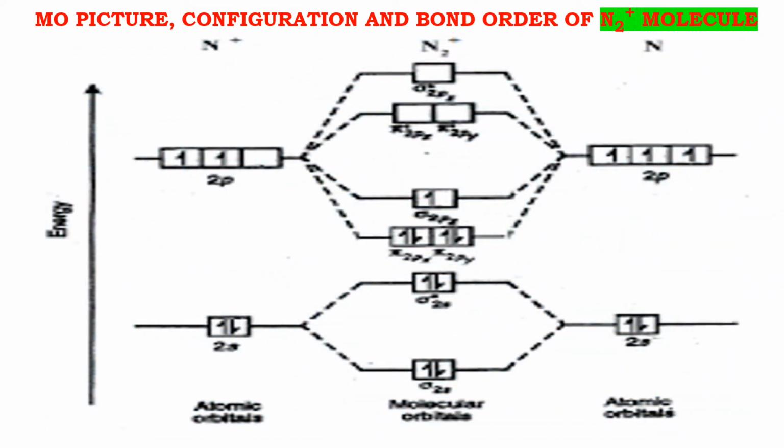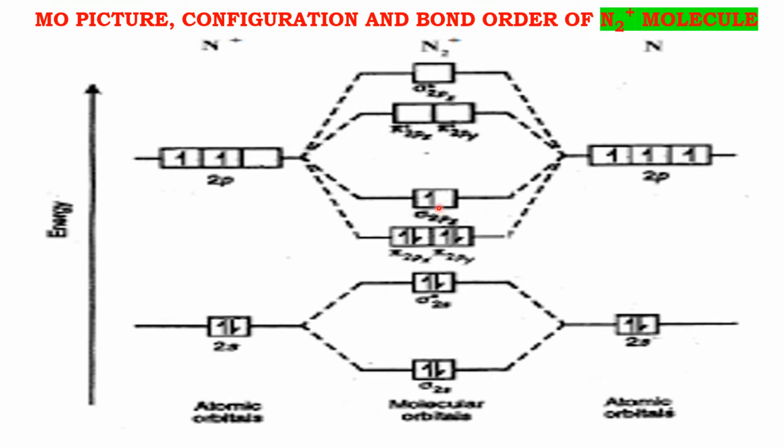See, the electrons are entered into the orbitals, and in the case of sigma 2pz, there is only 1 electron. In the case of the N2 molecule, there were 2 electrons in sigma 2pz. Now it is N2 plus.